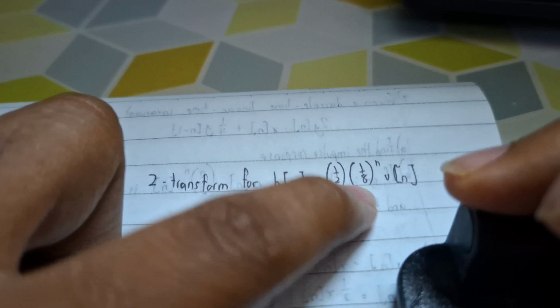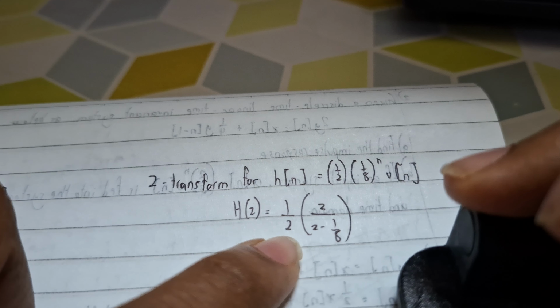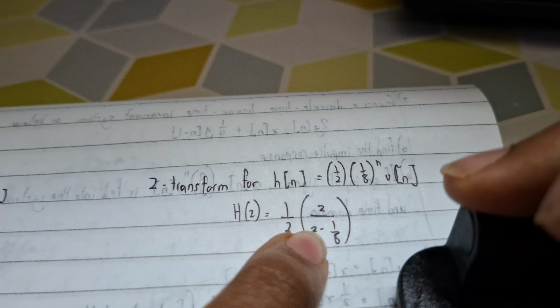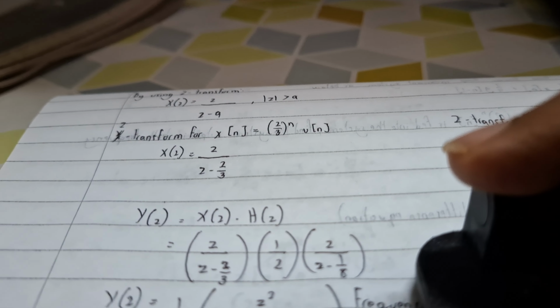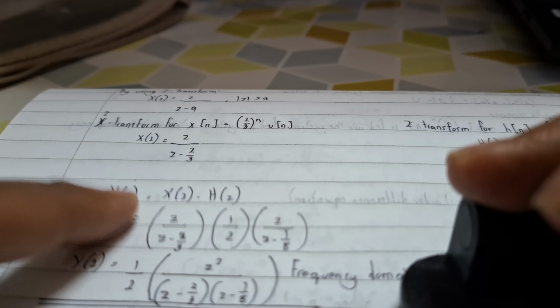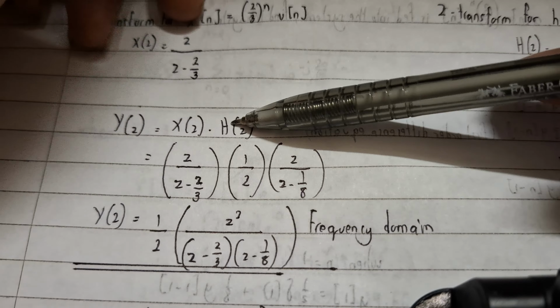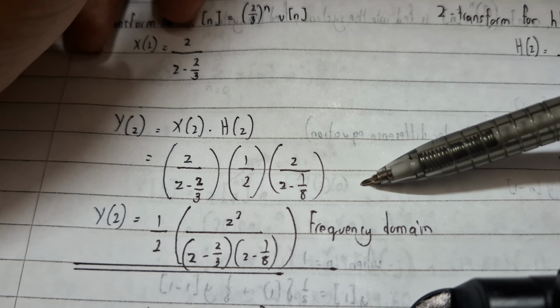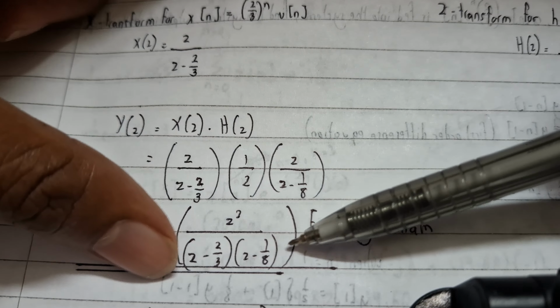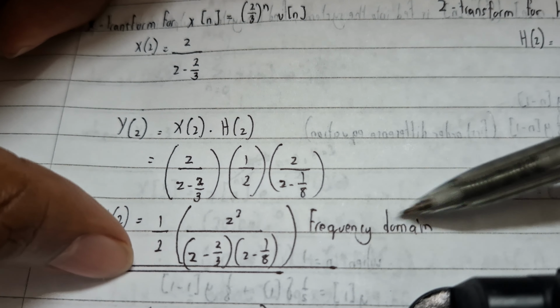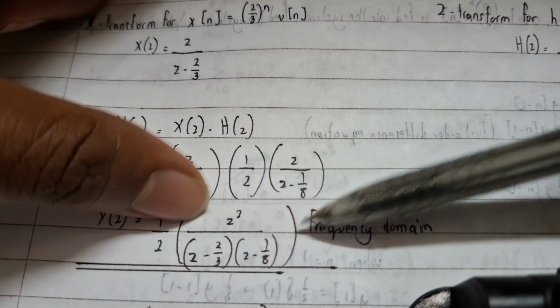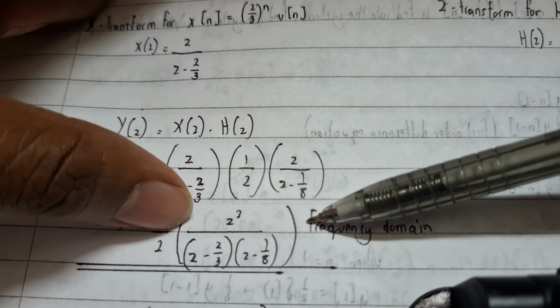When you transform this, you get 1/2 over z minus 1/8. This form is derived from the general form over here. Then we multiply the two equations, the input signal and the impulse response, and you'll get this output Y(z) in terms of the frequency domain. So this is the answer.